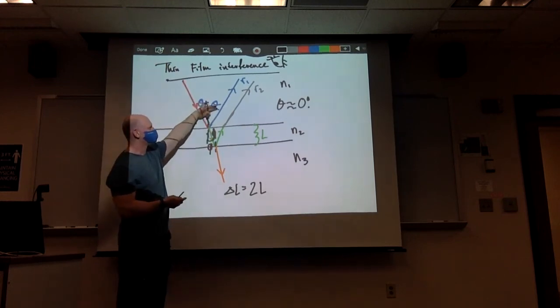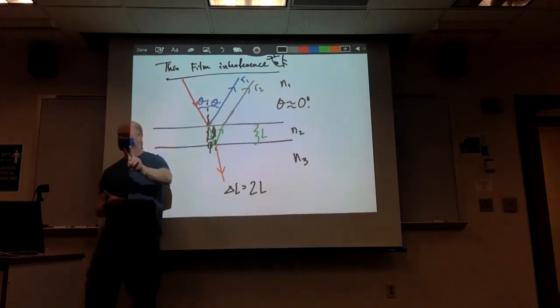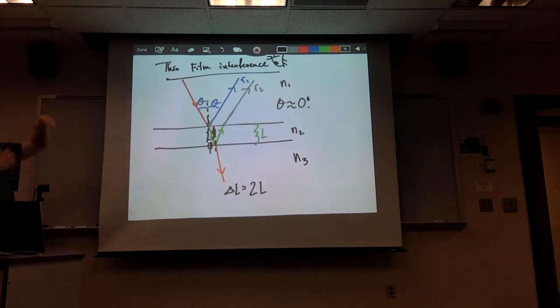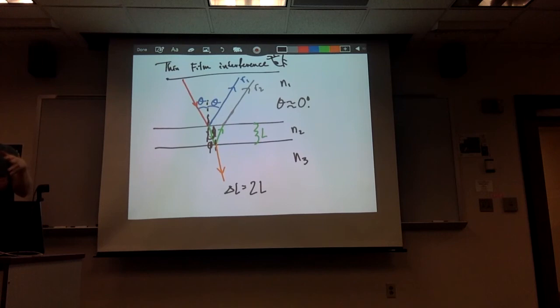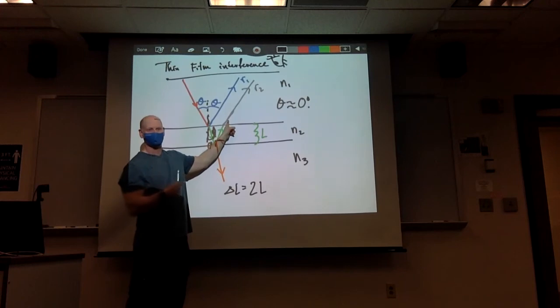But if I get a phase change here and a phase change here, in that case, then I get double phase changes, which means that the index of refractions are different, which then causes what? My constructive interference to then become the wavelength times an integer multiple. And then destructive is going to be half integer times the wavelength. Or if I have no phase change and no phase change, it goes back to the original one.